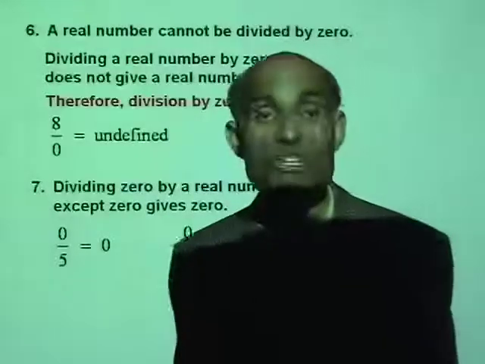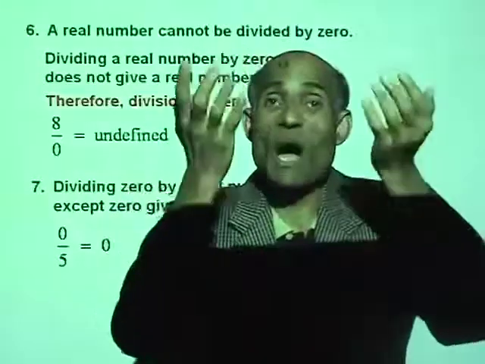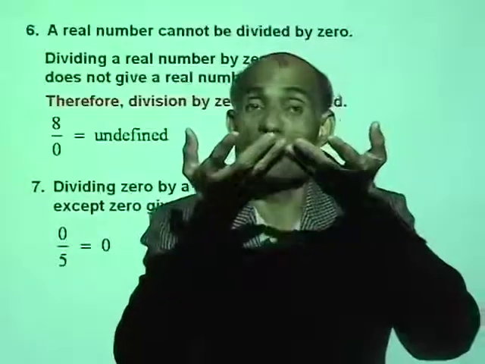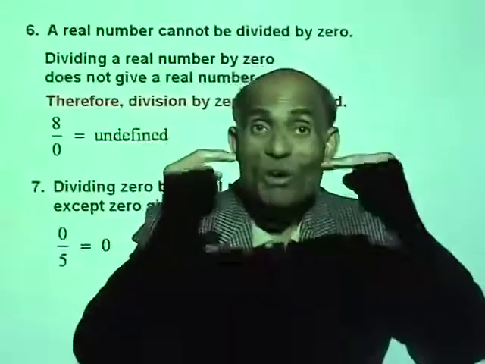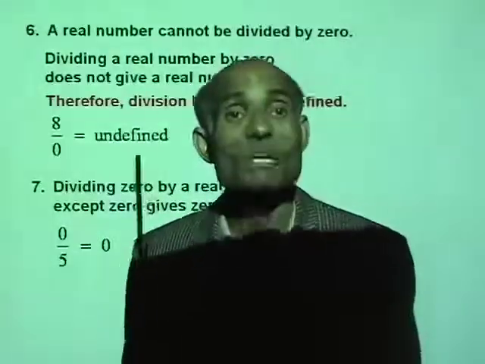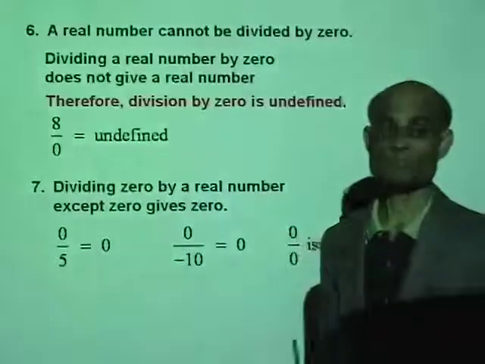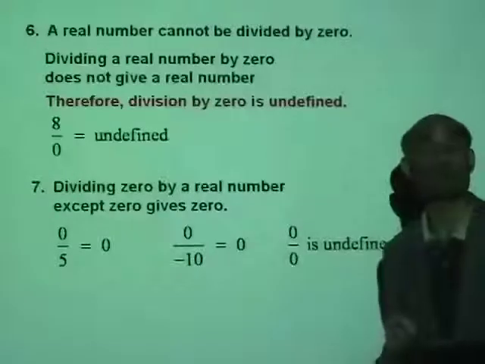So, did you understand these two concepts? A real number cannot be divided by 0, it doesn't give you any result. 0 divided by any number will always be 0. What is the value of 0 divided by 0?